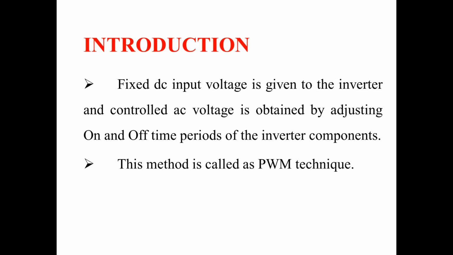Generally, a fixed DC voltage is given to the inverter and controlled to an AC voltage by adjusting the on and off period. This controlled output voltage is pulse width control, so controlling the output voltage this way is the PWM technique.